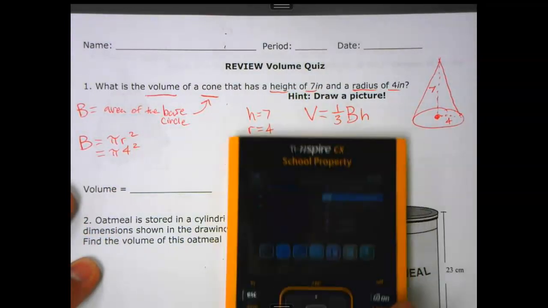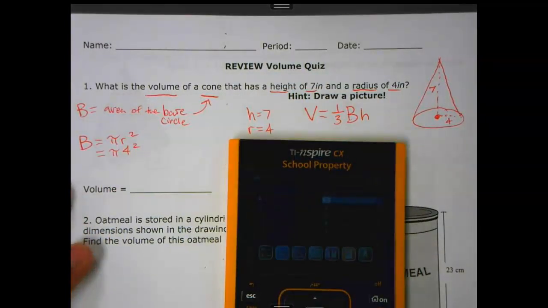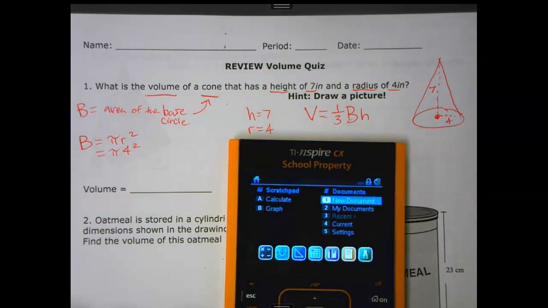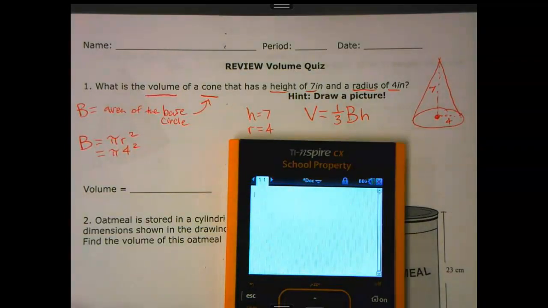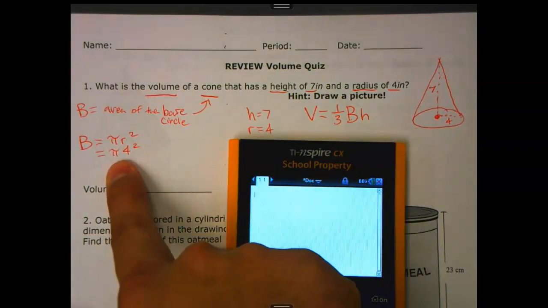Now, what I need to do in my calculator: do a new document, number 1. Don't save. Add a calculator, number 1. Let's type pi 4 squared.